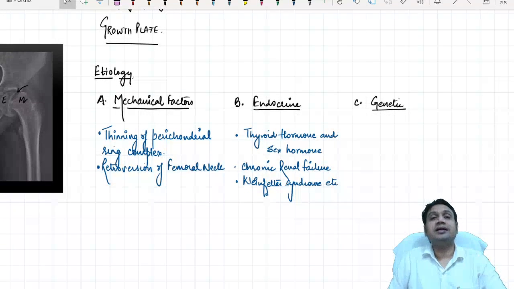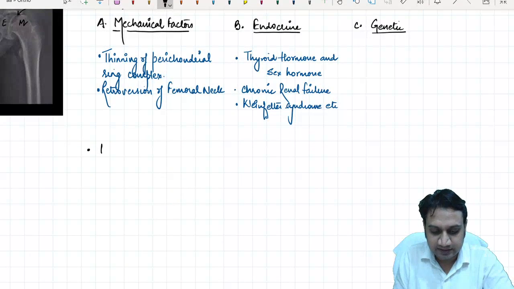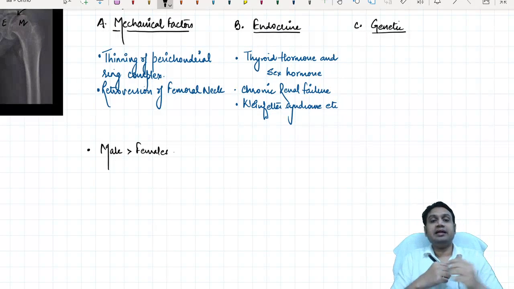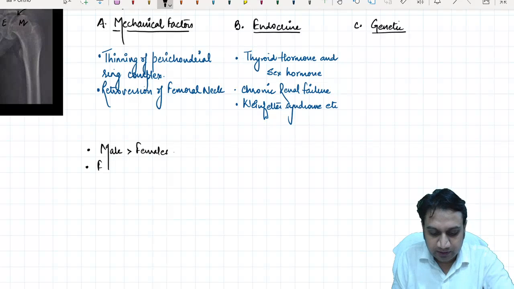Now the point is, it is seen in whom? The incidence is slightly more in males as compared to females. Now the features here: what happens?